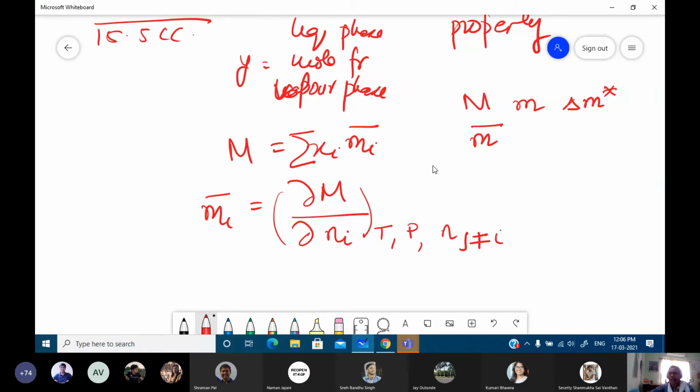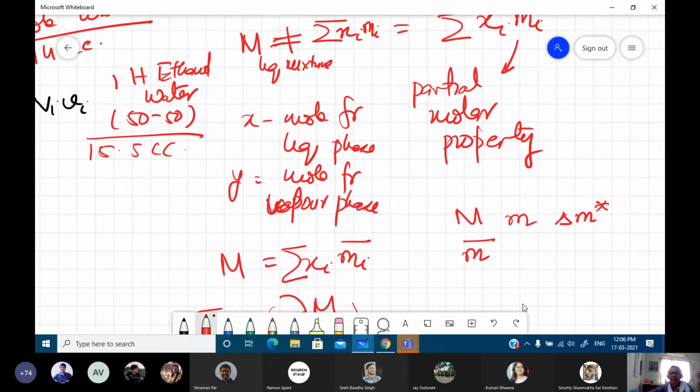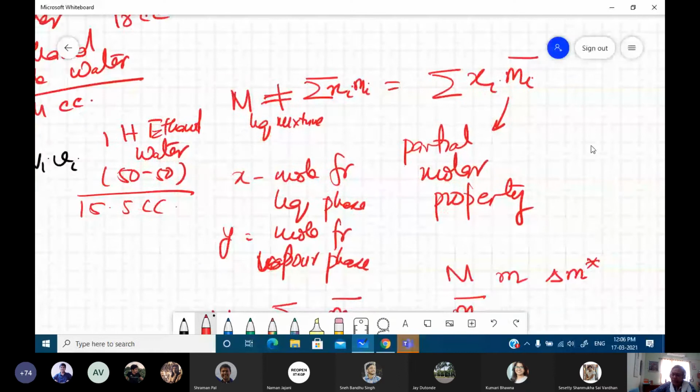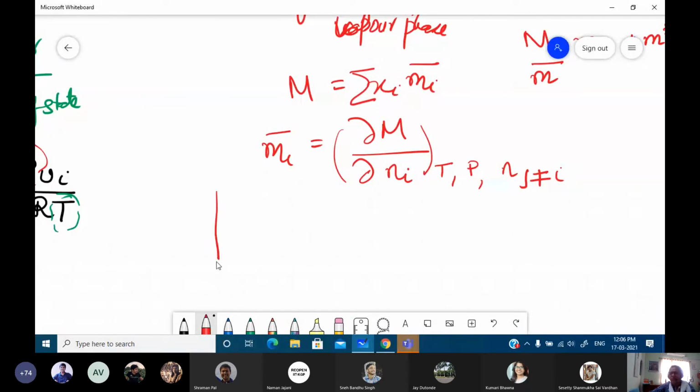Now, as I had already told you about the ethanol water mixture, it's very evident that when we are adding to the property, the increase in the total property depends upon the composition. For example, take the total volume of a water ethanol mixture.